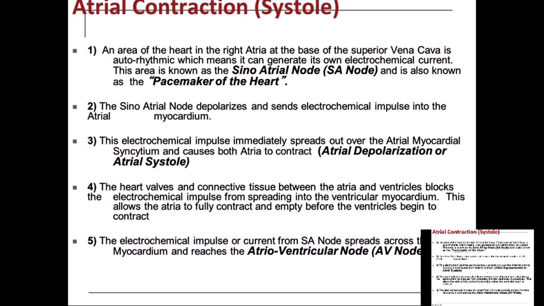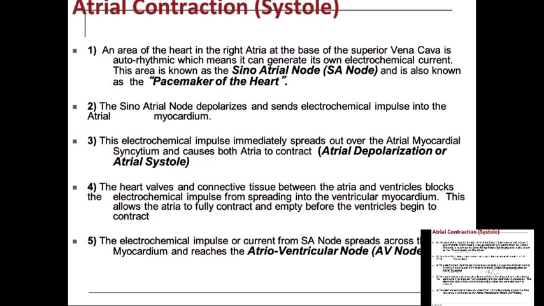So that's why when you look at the P, Q, R, S, T wave, this P wave here is not as intense as the QRS wave. There's the P, Q, R, S, T wave. So right in here, that's atrial depolarization or atrial systole.